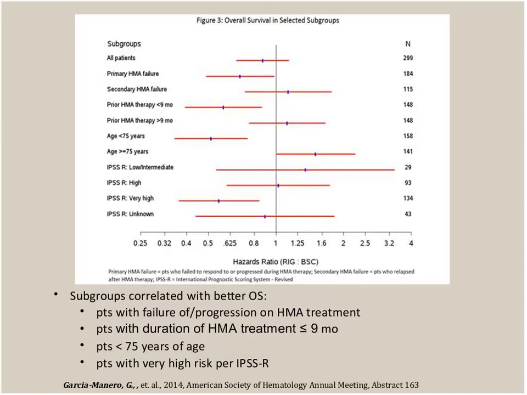So even though this is represented historically as less than 75 and greater than 75, there's some fluidity because of the continuous variable nature of this parameter. And then those patients with IPSR very high risk also benefited significantly with respect to survival in this analysis.